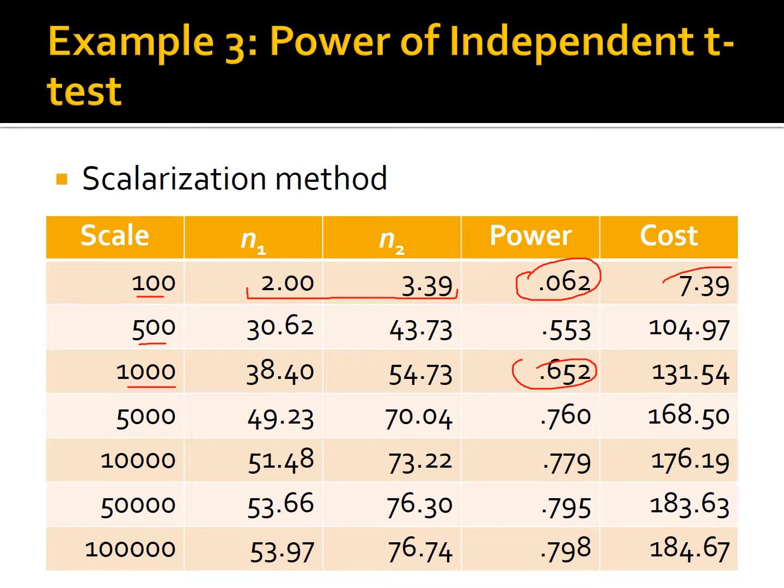But you see, the cost is higher as well. But when I choose the scaling value to be 100,000, I got power of 0.798, which is higher but not equal to 0.8, and the cost is 184.